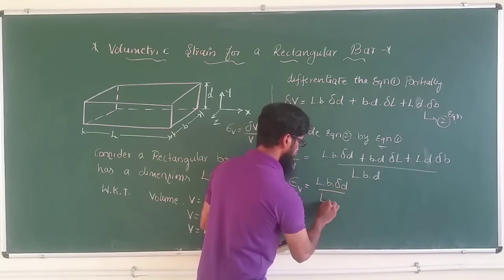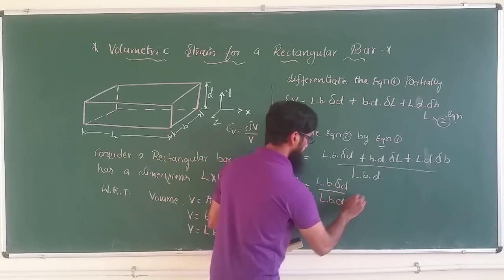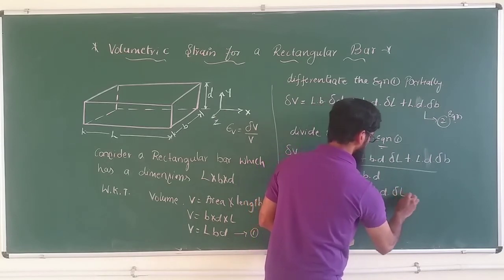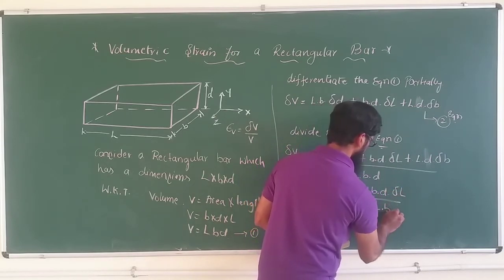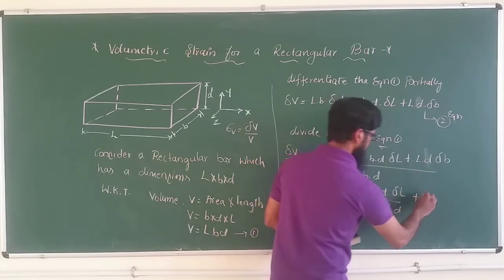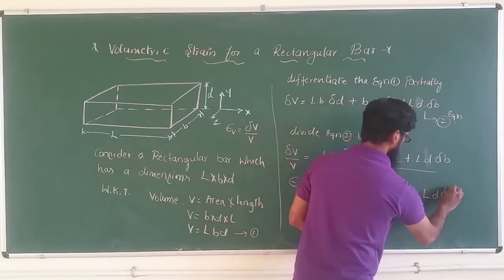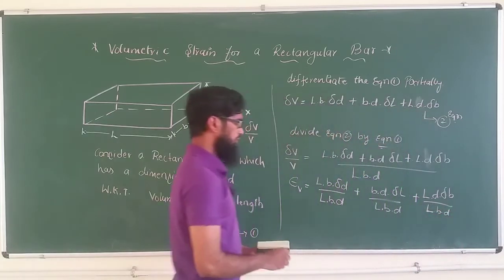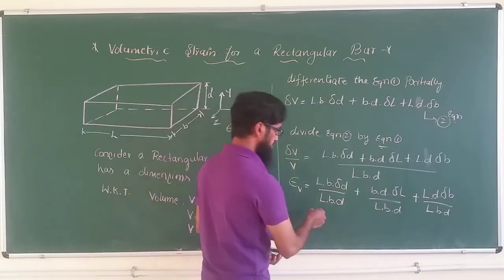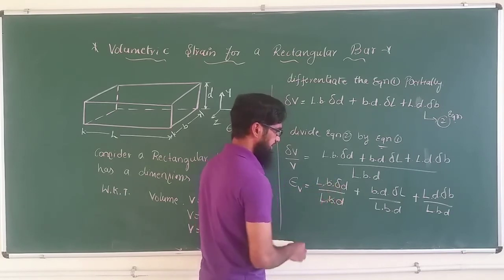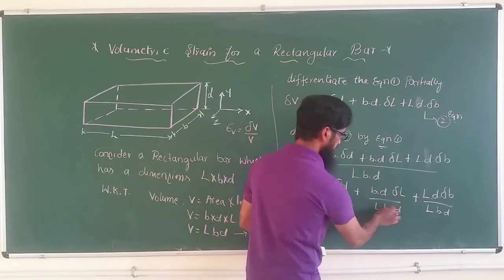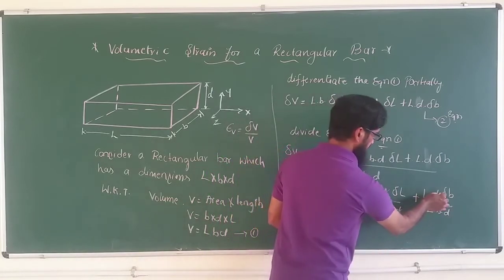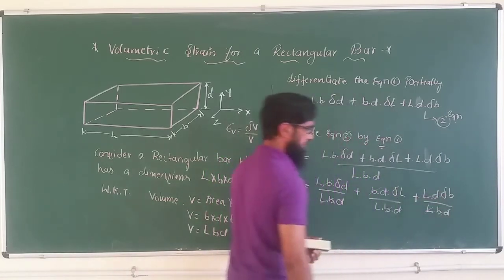So this is L B D. For the second term, it's B D delta L divided by L B D. Now again for the third term, L D delta B whole divided by L B D. Now in this equation you can cancel some of the terms. L into B get cancelled. Here B D, here also B and D we can cancel. In this equation L into D we can cancel here.